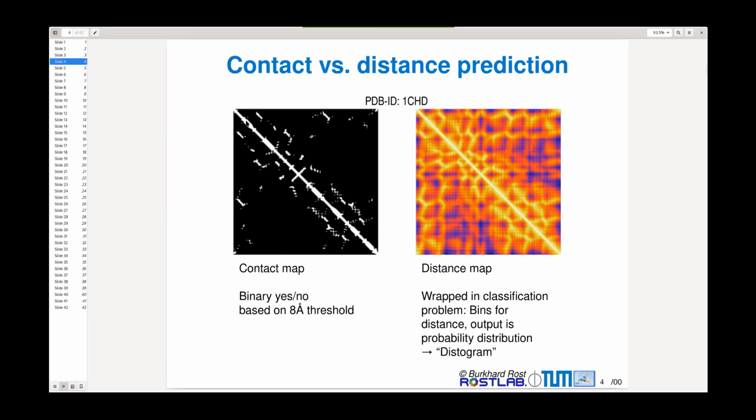And then it's also a bit broader diagonal because if you consider residues which are not that far apart in the sequence, then they're obviously also not that far apart in the 3D structure because the backbone only has so many atoms. So they can't be a long distance apart. Now, what you also see here is that the diagonal can have different widths.